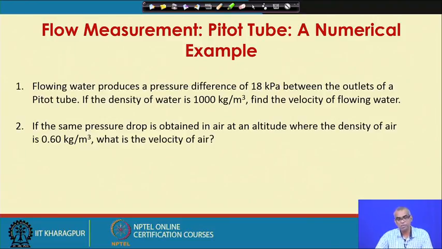Flowing water produces a pressure difference of 18 kilopascal between the outlets of a Pitot tube. So, the pressure difference between the inner tube connection and the outer tube connection is 18 kilopascal. If the density of the water is given as 1000 kg per meter cube, what is the velocity of the flowing water?